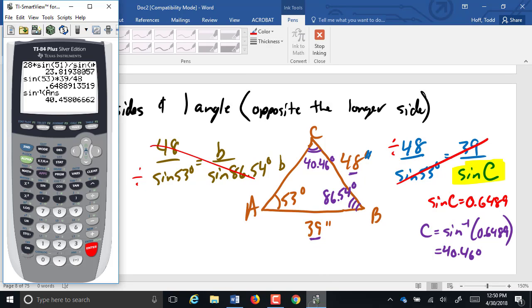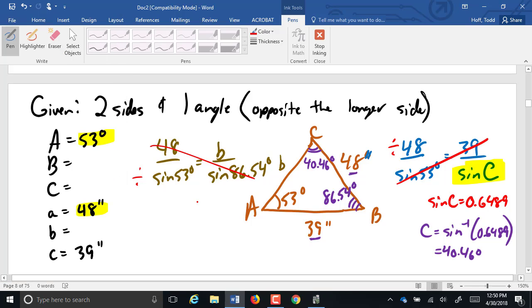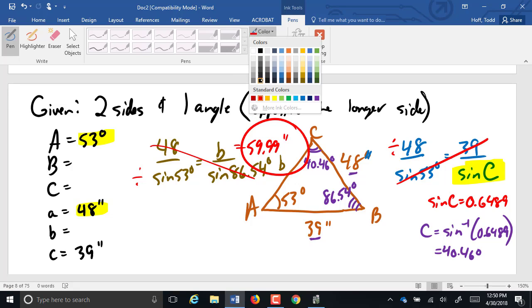Notice this is going to be just like we did before. No extra step. 48 times the sine of 86.54. You do have to make sure you close that still. Divided by sine of 53. 59.99 inches for B.